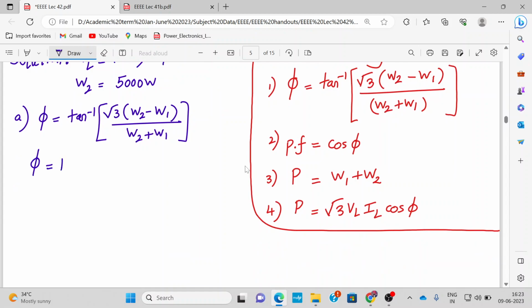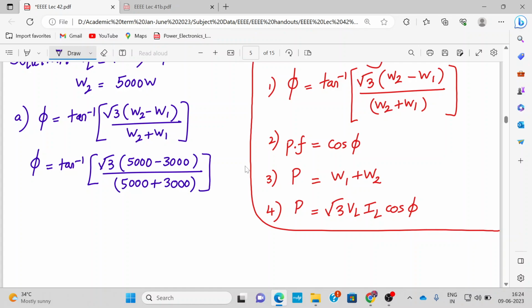So phi will be given by tan inverse of square root 3 times (5000 minus 3000) divided by (5000 plus 3000).